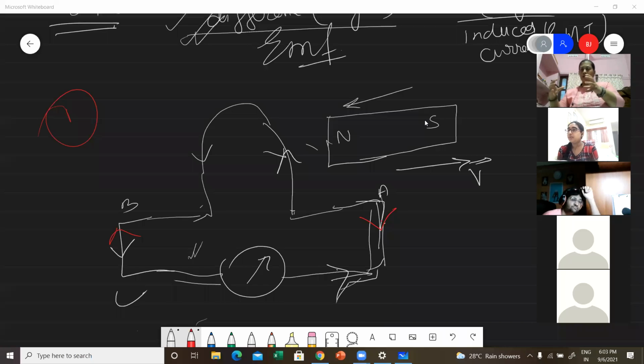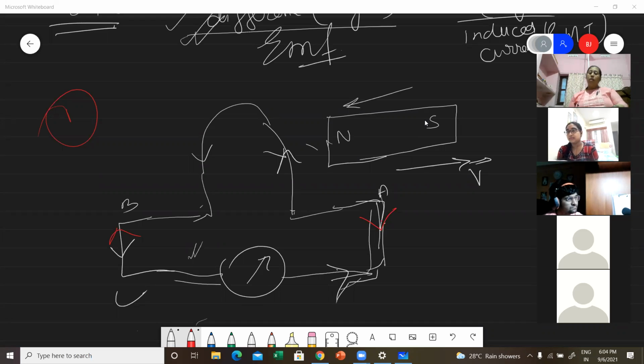No, ma'am, because both are at the same distance apart. Someone has to become faster. If both move at 4 meters per second, neither the magnet nor the coil will go closer to each other. So no EMF is produced, no EMI will be produced.